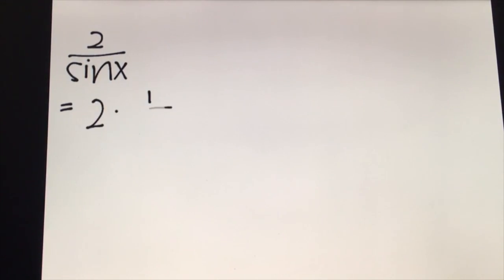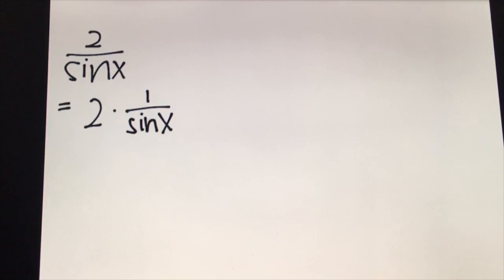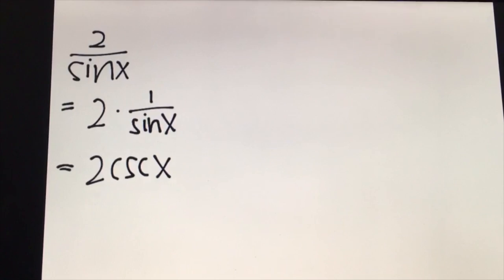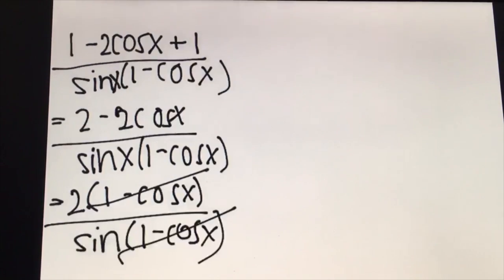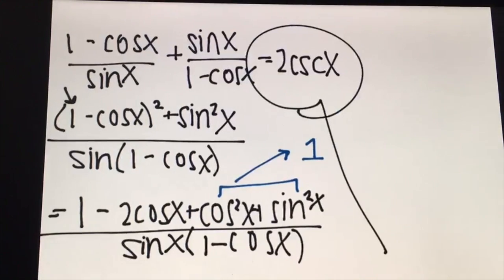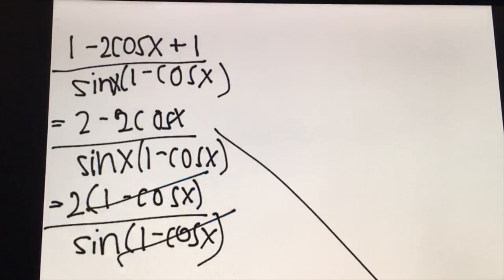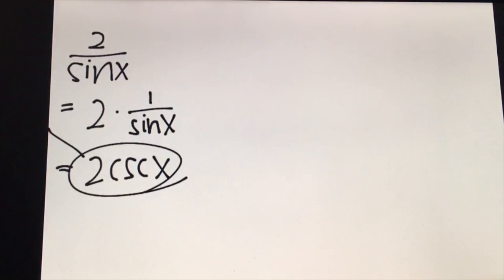So then we have 2 over sine of x, and that equals 2 times 1 over sine of x, and we know that 1 over sine of x is cosecant of x, so we get 2 cosecant x, and that is what they wanted us to solve for here. That's our next trig proof, and we used a Pythagorean identity to solve for it.